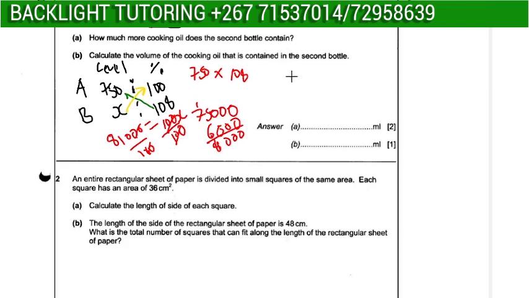So 810 minus 750. 0 minus 0 is 0, you make this 11 minus 5, 6, 7 minus 7, that's 0.